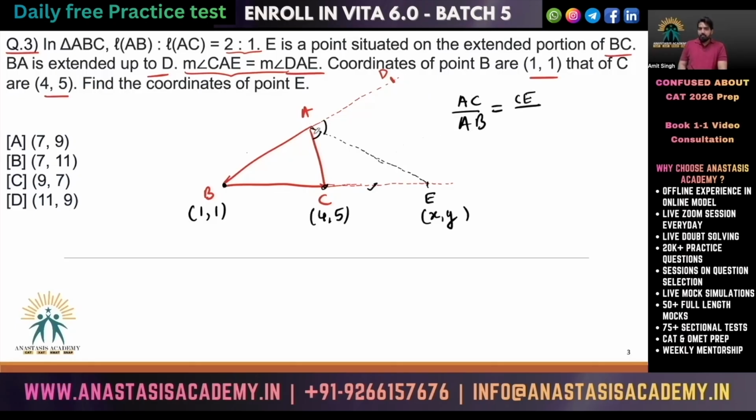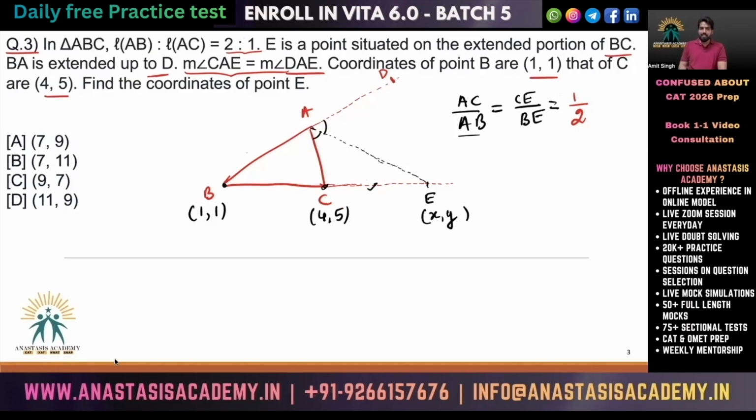And for AB, I need to take this distance, BE. So you can see the ratio of AB to AC is given as 2:1. I can write AC upon AB as 1/2. So the required ratio, CE to BE, is 1:2. Can you see CE is 1 unit and BE is 2 units?